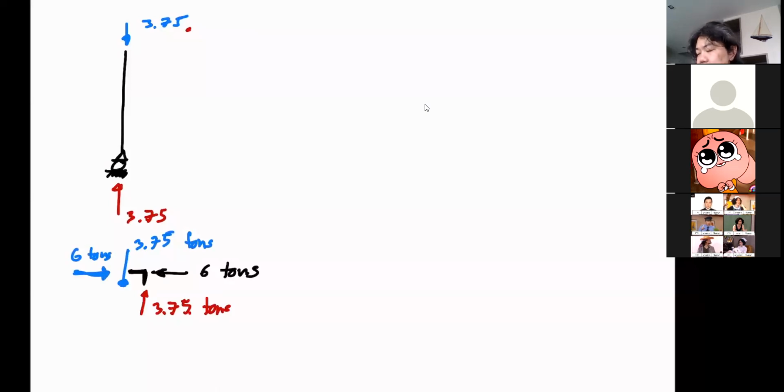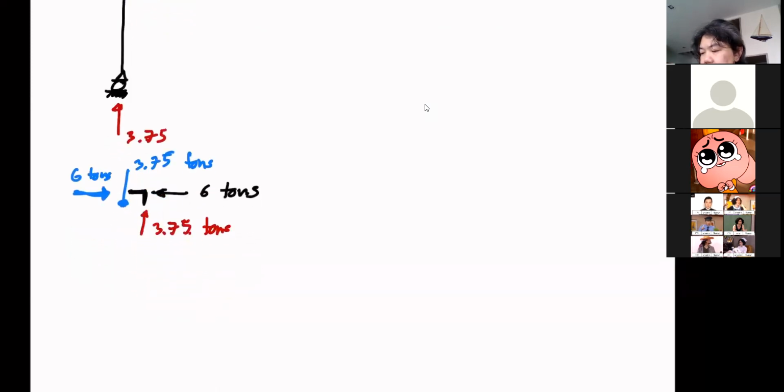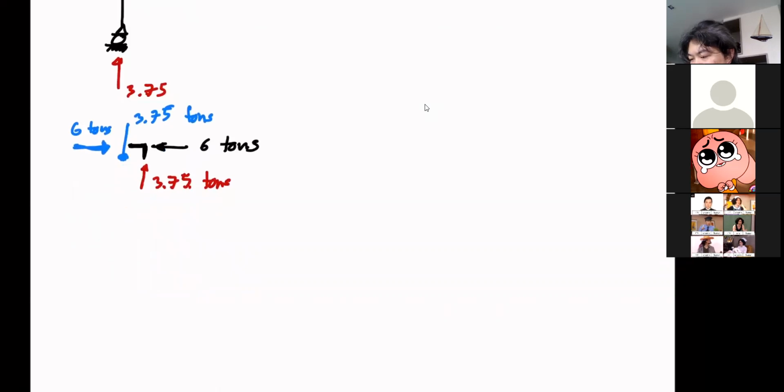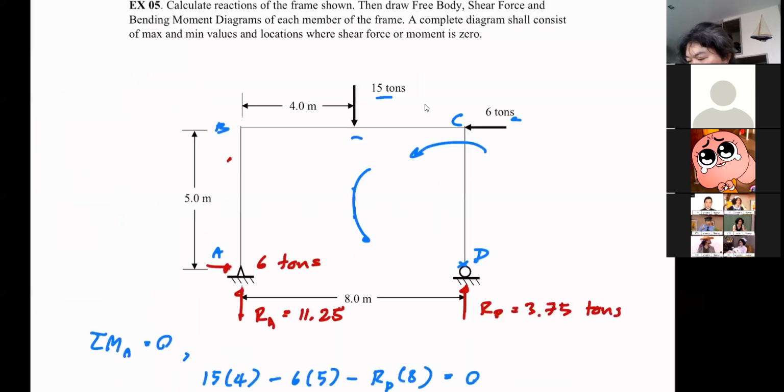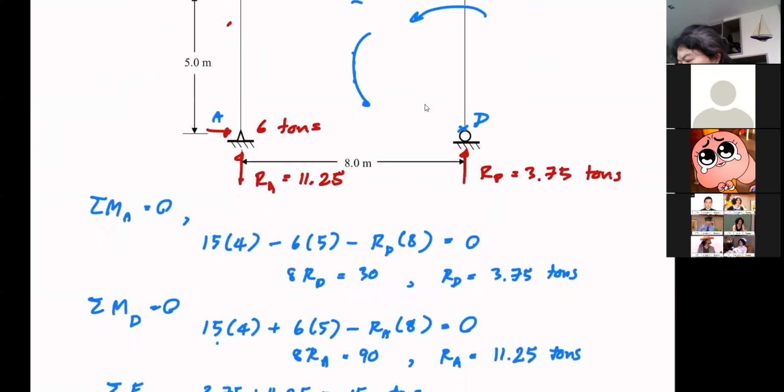Okay, so from this, you can proceed to complete the free body diagram of member BC. Okay, you got 6 here, so you got 6 here. You got this one down, so you got this one up. And on the left end, we get the force from column AB.